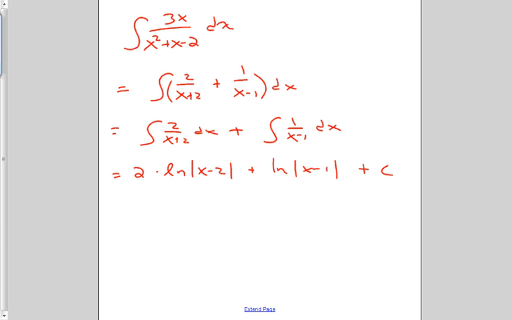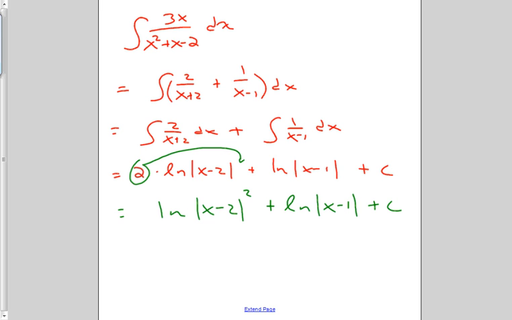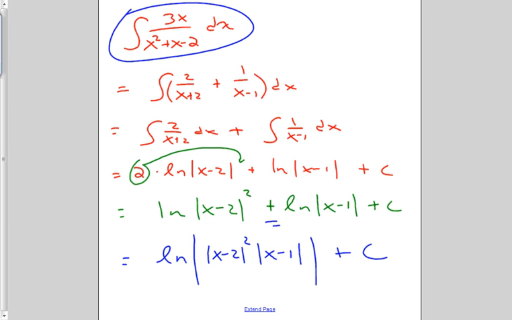Now what we want to do is consolidate this. So this is going to require us to remember some of our log rules. We can put that 2 up top. So we get ln of x plus 2 squared plus ln of x minus 1 plus C. And since we're adding two natural logs, this equals ln of x plus 2 squared times x minus 1, all plus C. So had we not split it up, we wouldn't know how to integrate that.